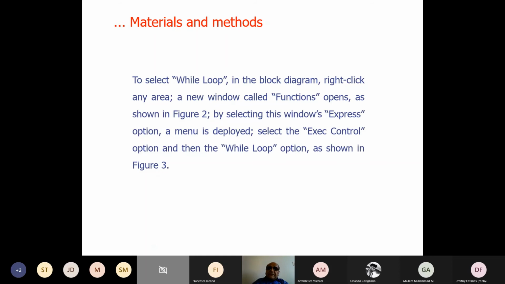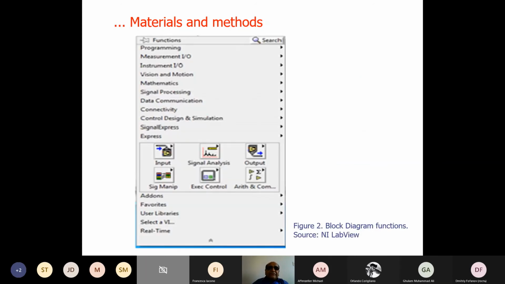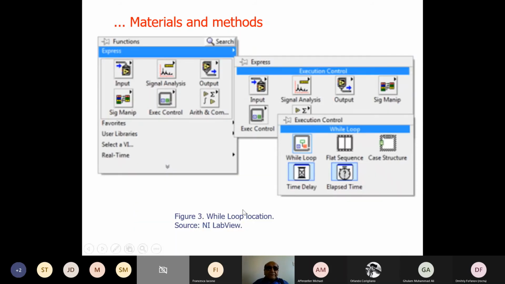Select the Execution Control option and the While Loop option, as shown in Figure 3. Block diagram of functions, National Instruments. Figure 3, while loop operation.